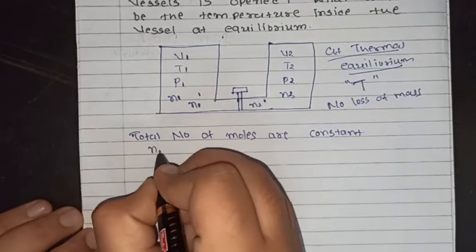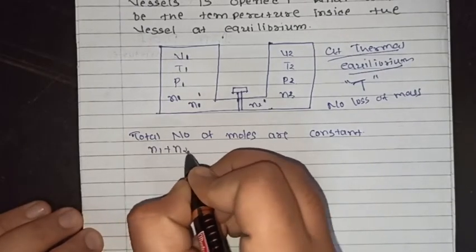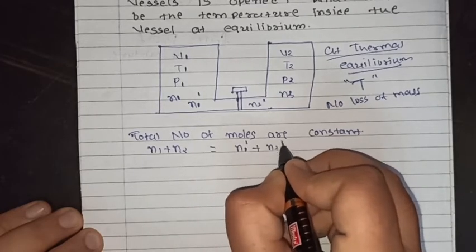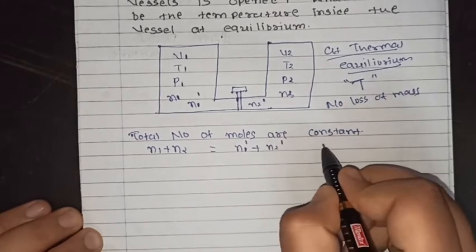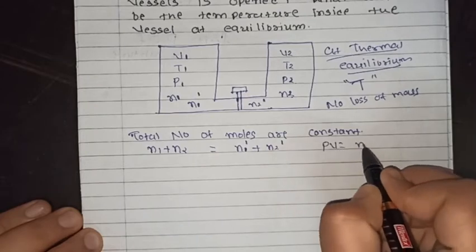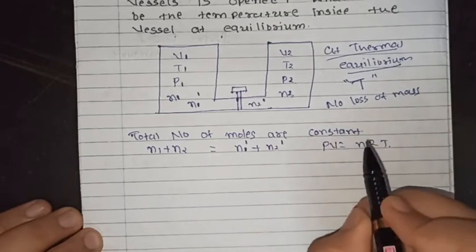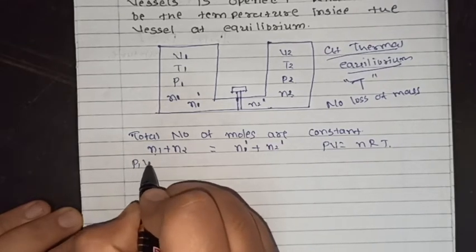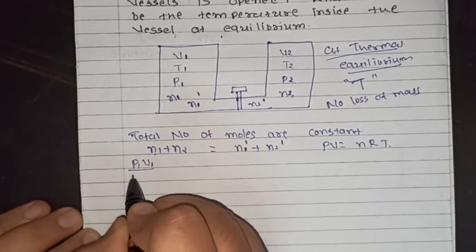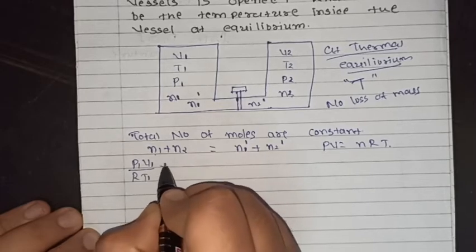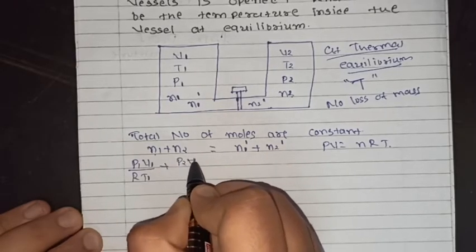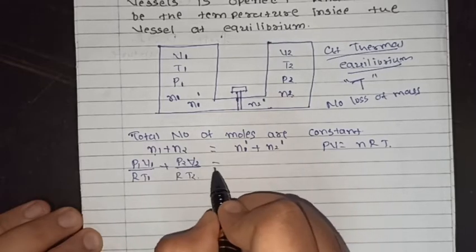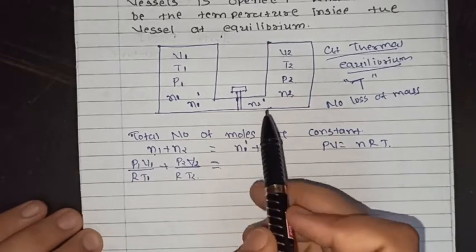So we can write N1 plus N2 is equals to N1 dash plus N2 dash. We know the ideal gas equation, PV is equals to nRT. So from this we can write N1 is equals to P1 V1 divided by RT1 plus P2 V2 divided by RT2 is equals to N1 dash.